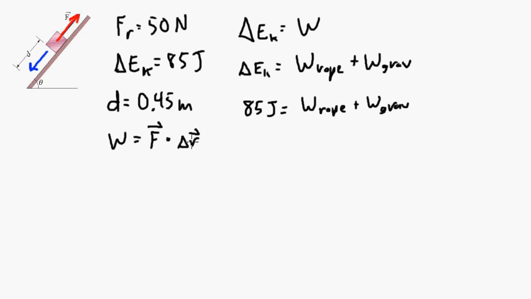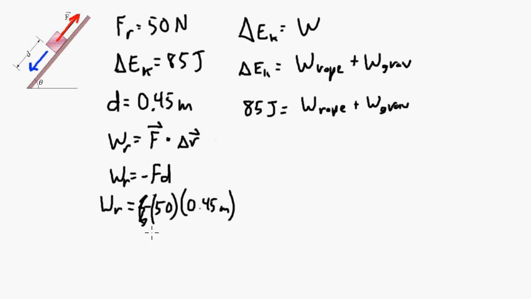So what this means is, our cosine of theta in the F dot delta R is going to be -1. So the work is actually equal to negative F times d as he moves the distance d in this direction, pulling this way with a force F. So that's work rope, W_R, is negative 50 newtons times 0.45 meters.